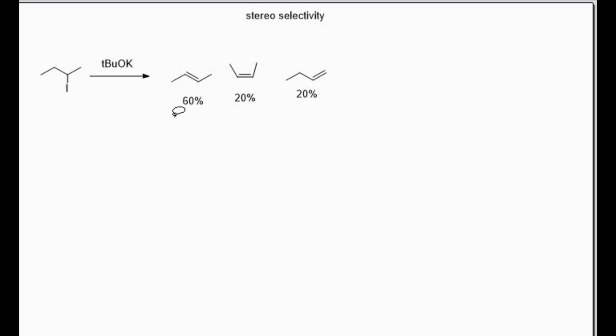As we can see, this is the major product and these two are minor, and what we are going to look at is the difference between these two, because they are two stereoisomers. This one is trans and this one is cis, and these are two entirely different compounds. Let me just erase that. This is none of our concern for now.